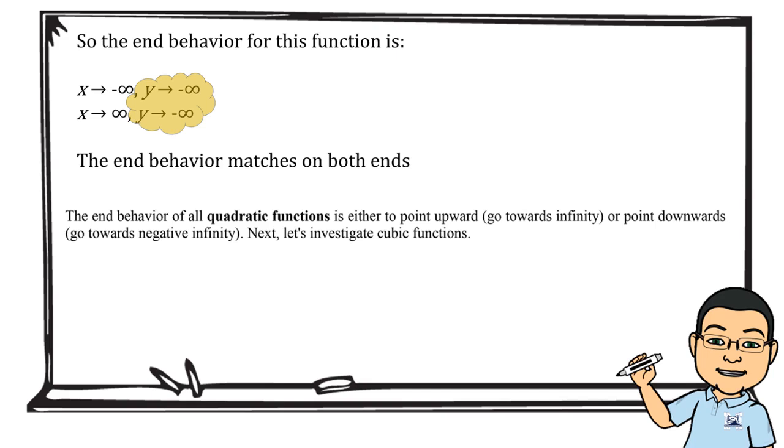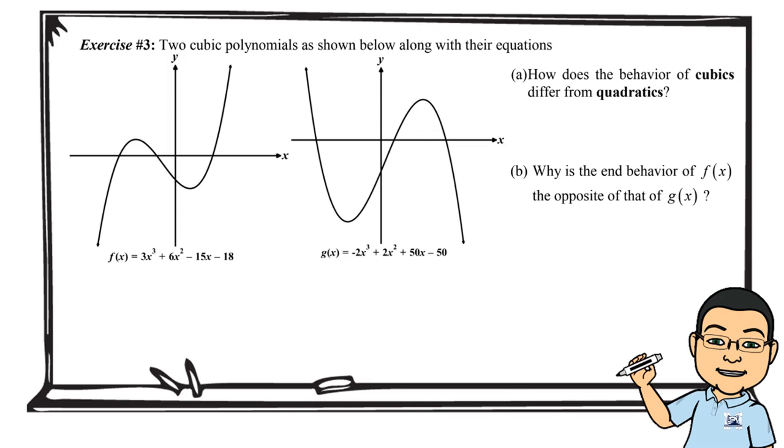But let's see what happens when we involve cubic functions. Cubic functions are x to the third functions. Here we have two different cubics that are graphed. How do these two cubics differ from quadratics? The first thing that we notice is that the behavior at the ends is now mismatched.